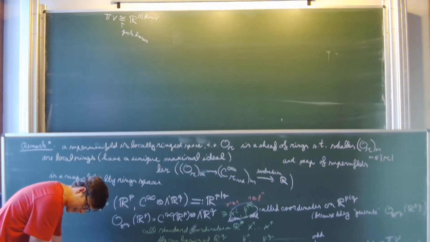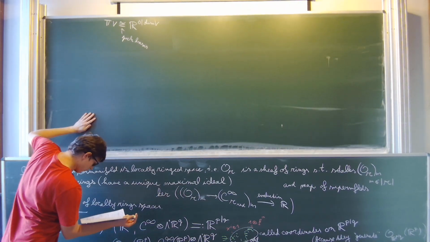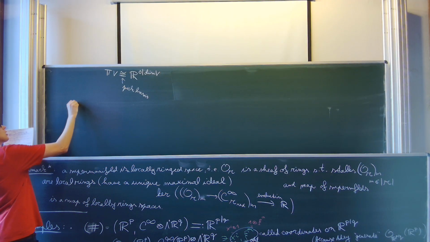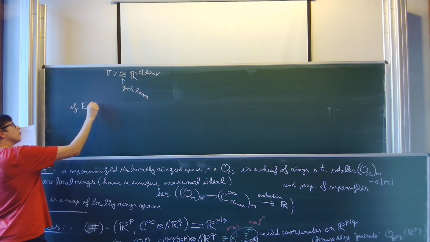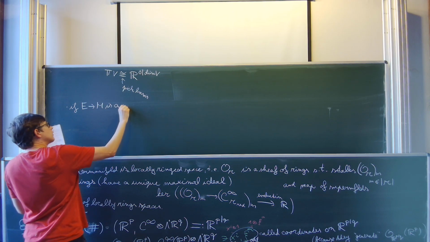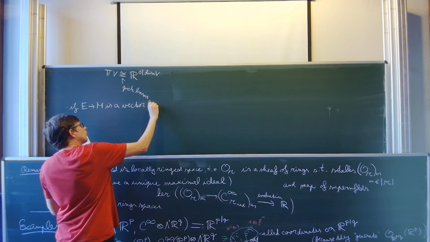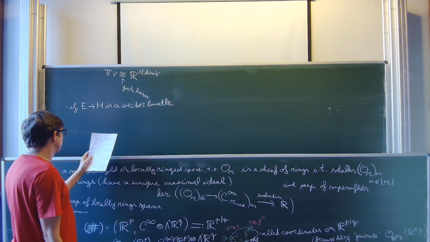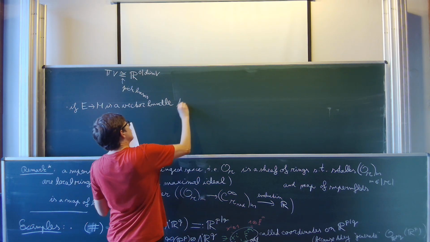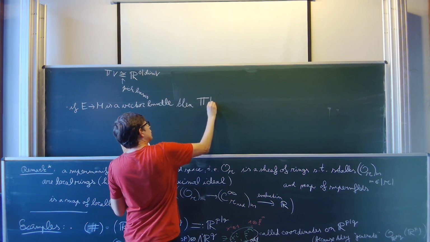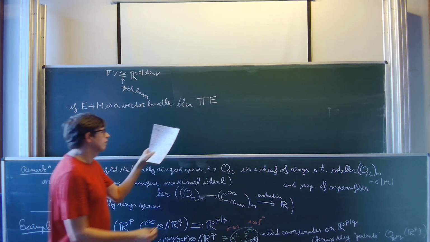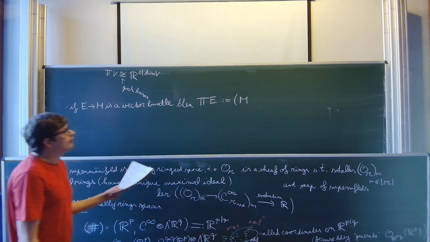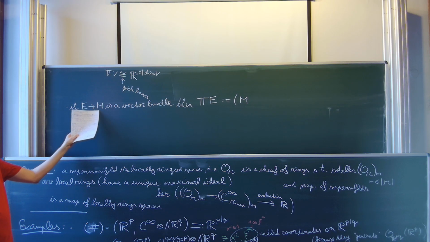Now, the last example is that if E over M is a vector space bundle, then we can define a supermanifold, which is called parity shifted E. And this is a supermanifold whose body or base will simply be the underlying manifold here.